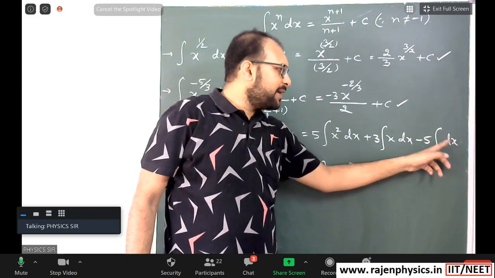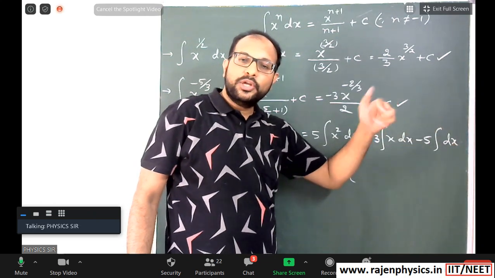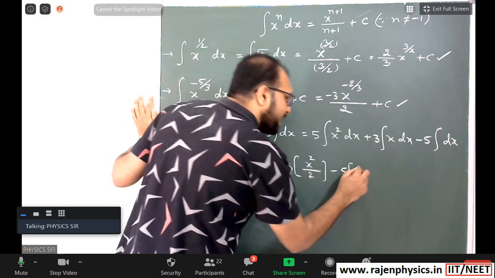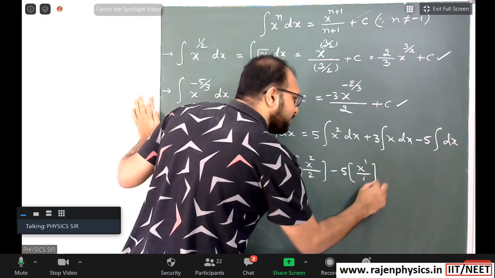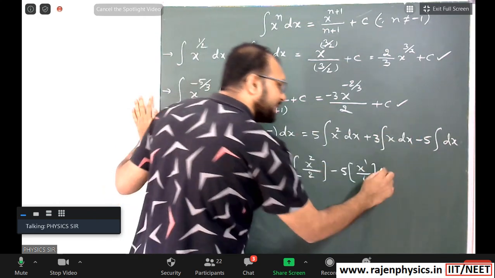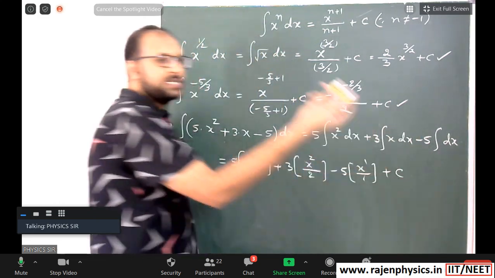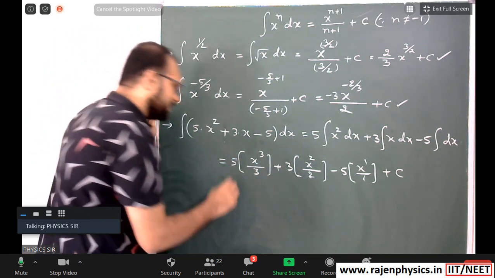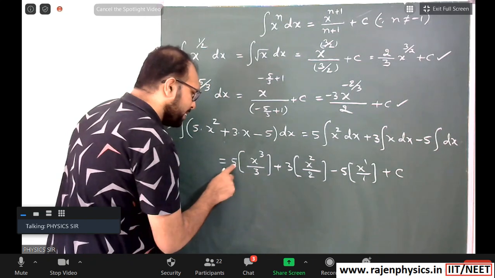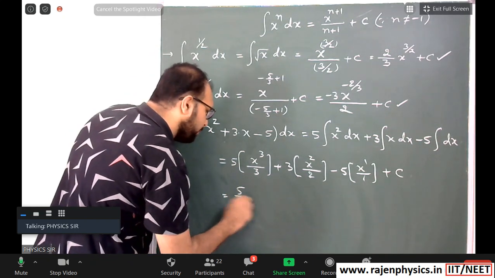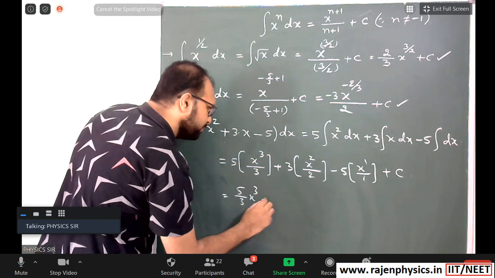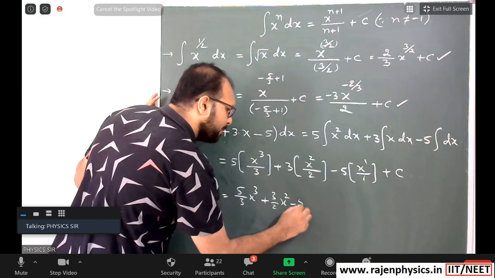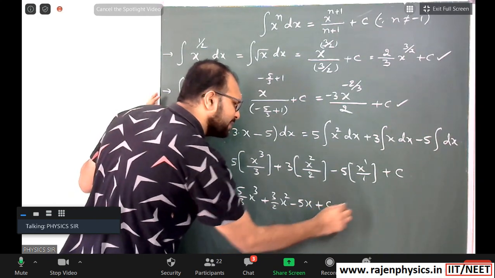So x to the power of 0 dx, 0 plus 1, that is 1, means x to the power of 1 by 1. Integration completed, that's why plus some unknown constant, that is C. Right, now here 5 by 3 x cube plus 3 by 2 x square minus 5x plus some constant.